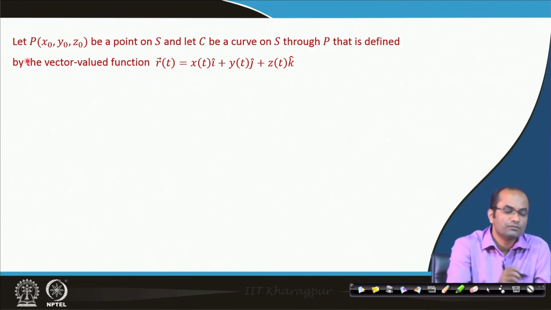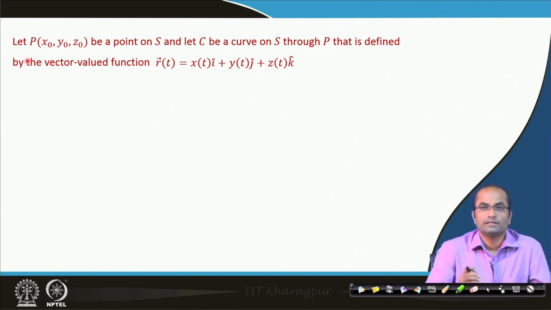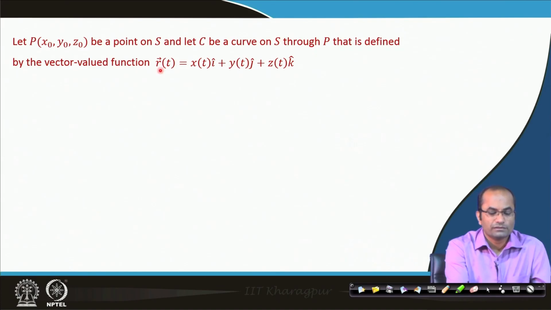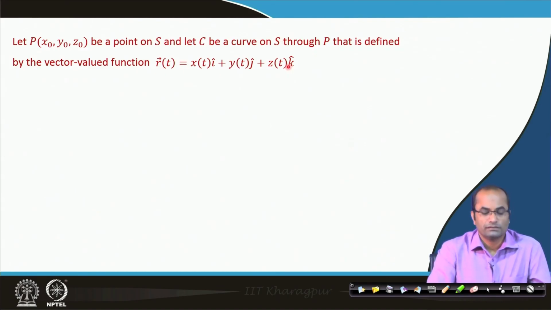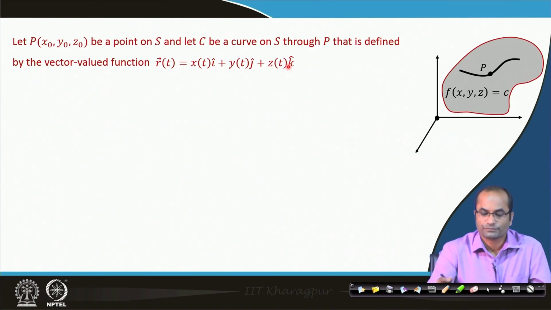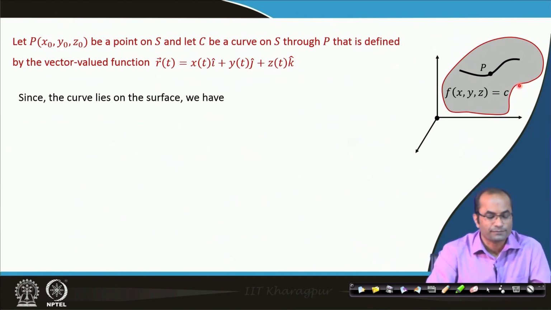We will now find out how to get the normal to the tangent at this point P, and later on the equation of the tangent plane. The equation of the curve can be given by this vector valued function. The equation of the surface we can take in a more general form, putting this c: f(x, y, z) is equal to c is the equation of the surface.